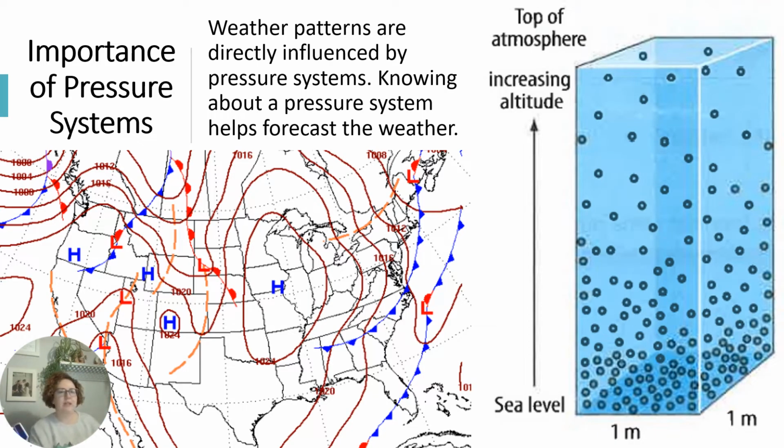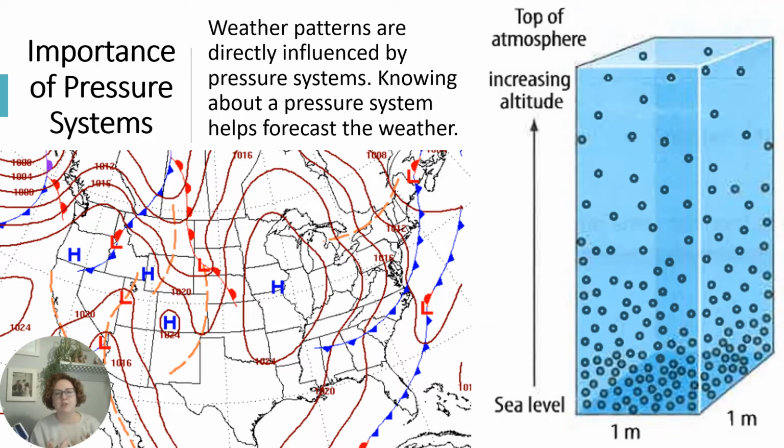So we need to understand the importance of a pressure system. We constantly see maps similar to this, maybe not as many lines. Whenever you're watching the weather, you see these giant H's rolling in or these L's, and essentially what that is is the difference of how our air is moving.